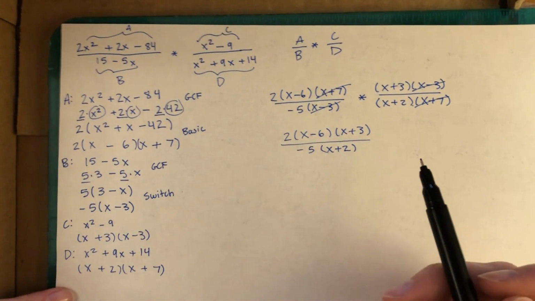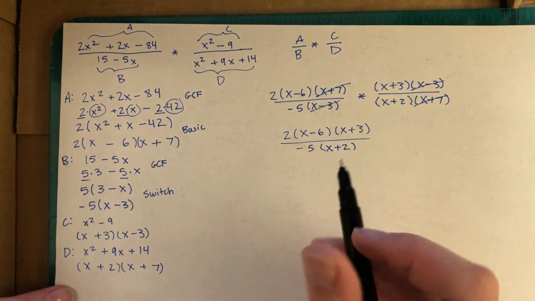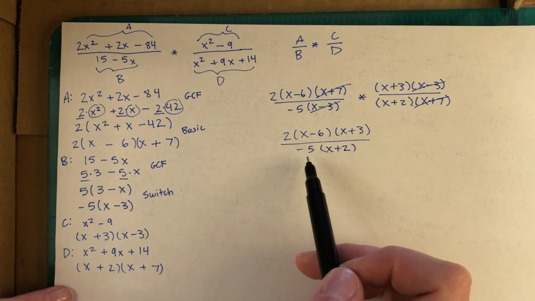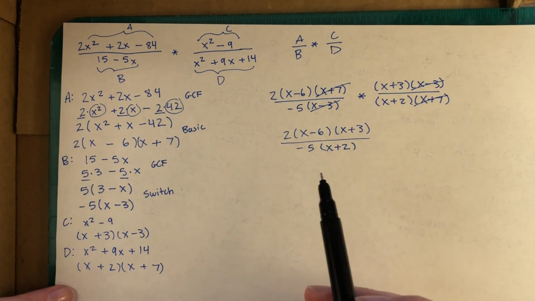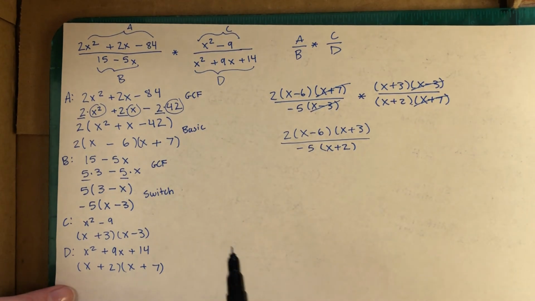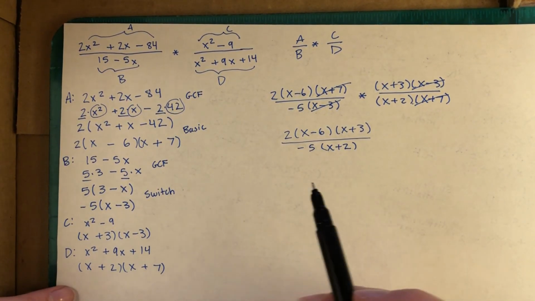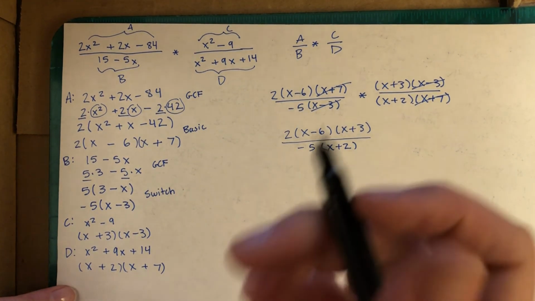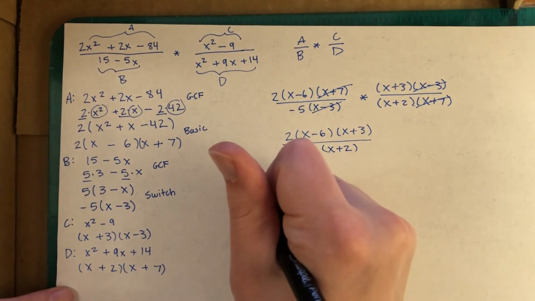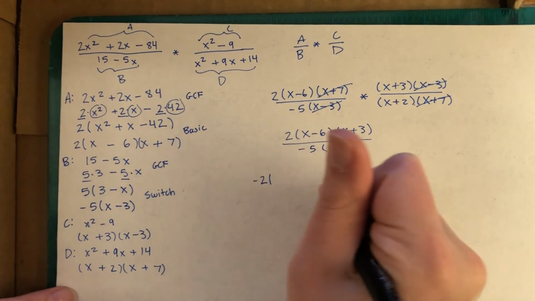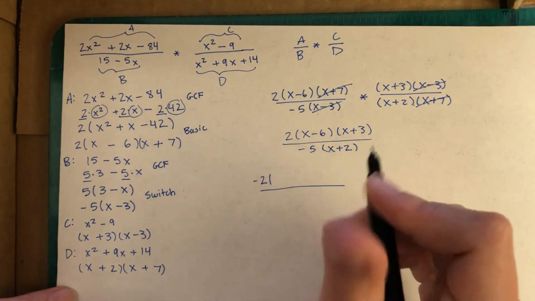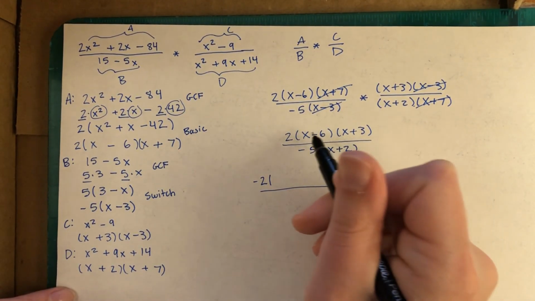Let's distribute this out. So again, when I have a negative sign on the bottom, it's more standard to just have the negative sign be on the top and have the bottom of the fraction always have a positive sign in the leading term. So I'm going to write this as negative 2 times x, I'll distribute this out.